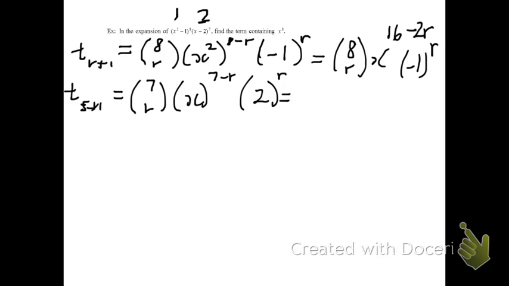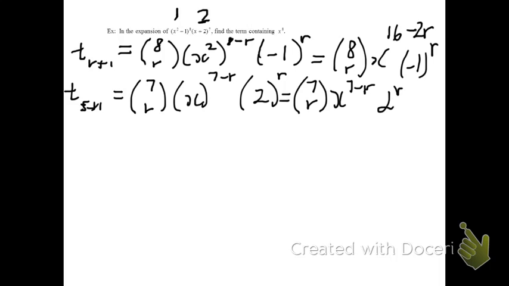And this one here, we have 7 choose r, x to the 7 minus r, and 2 to the r. Okay, so these are our two general expressions.